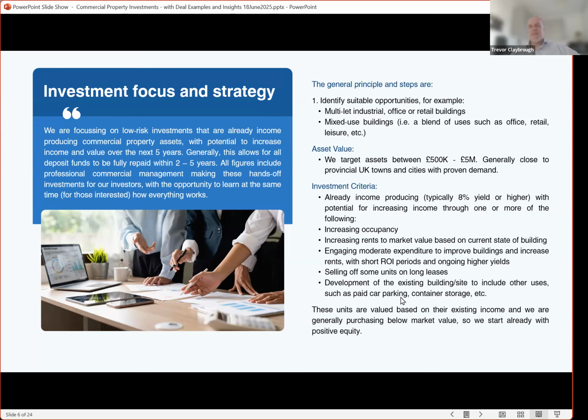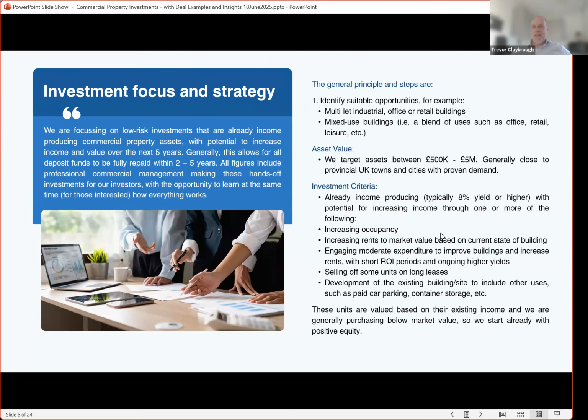So it's not just a question of buying an asset that's income producing, like buying a buy-to-let property and forgetting about it and expecting it to continuously yield. It's really a case of identifying properties where we can get them at, obviously, low value, with the aim of refinancing.